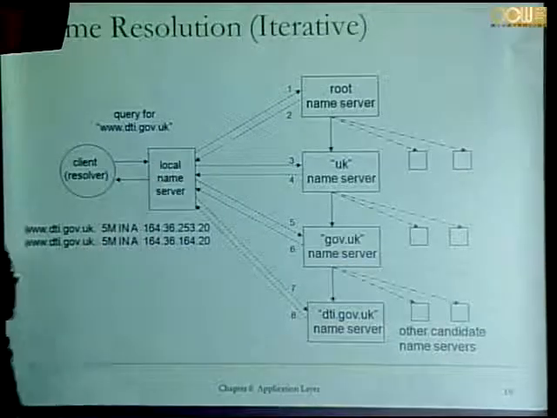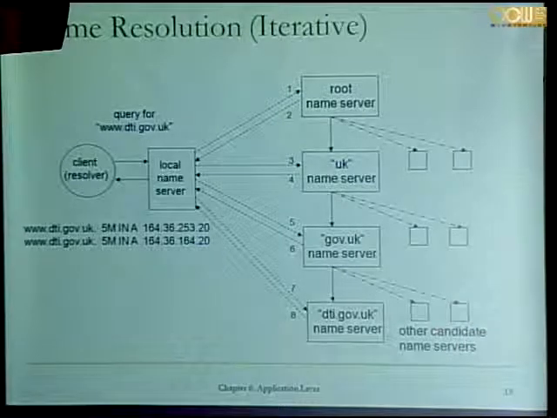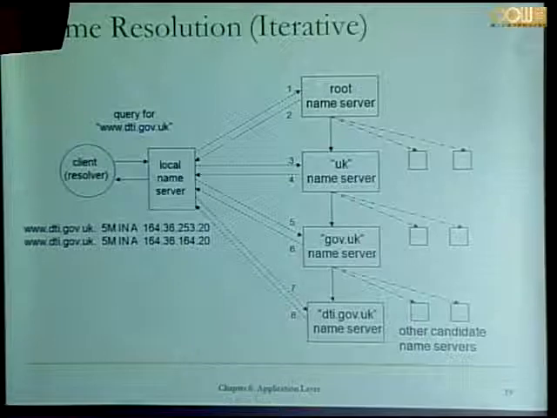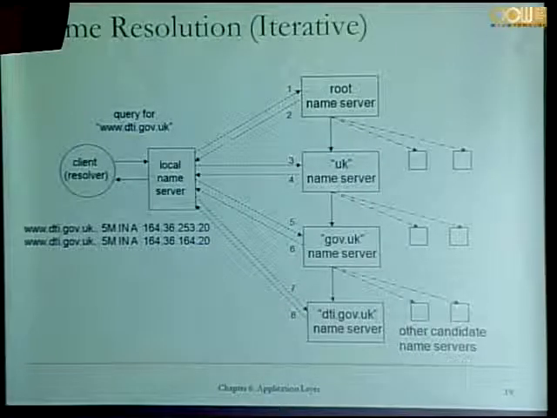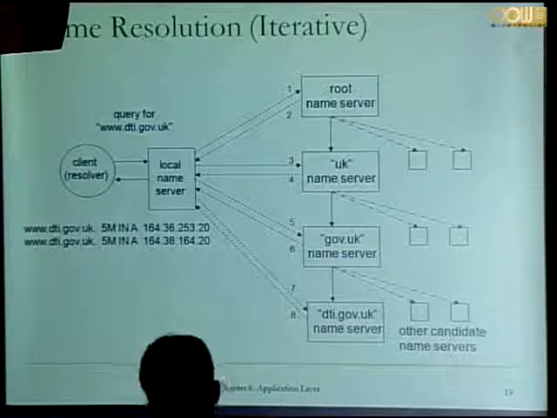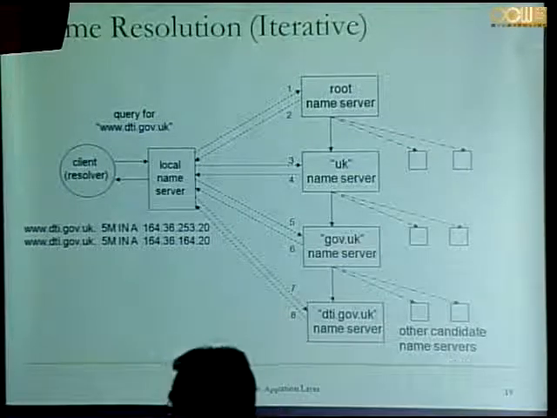It asks the local name server, and your browser or your application client knows the local name server because of what? Mostly because of DHCP. You got the name server from the DHCP server, so that your DHCP server tells you who your name server is.